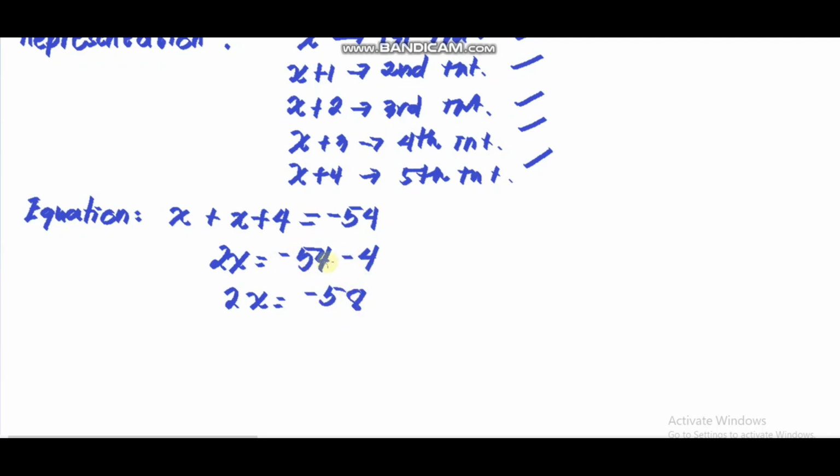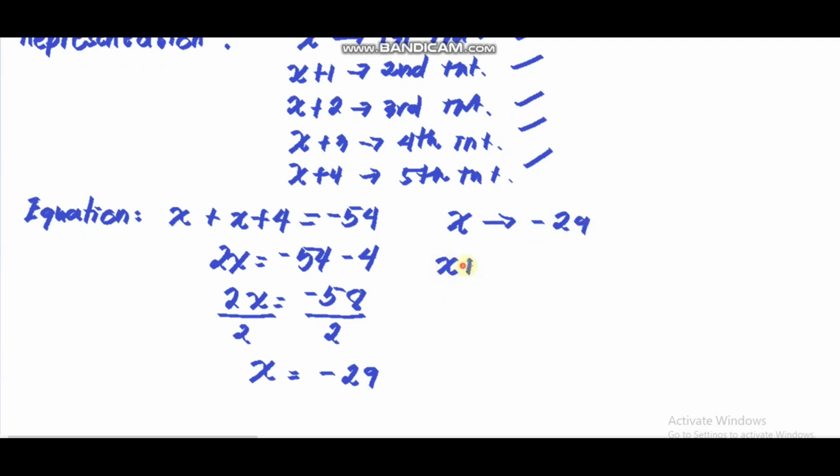So 54 plus 4, which is 58. Since both are negative, so you copy negative. And then you divide both sides by 2. So x is negative 29. So we have already our value of x. Thus, our first integer is negative 29.